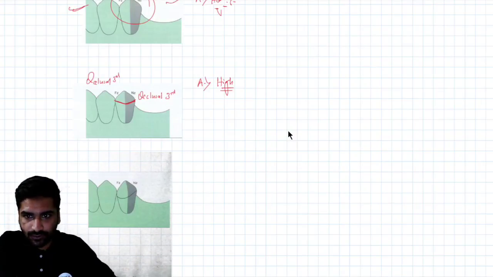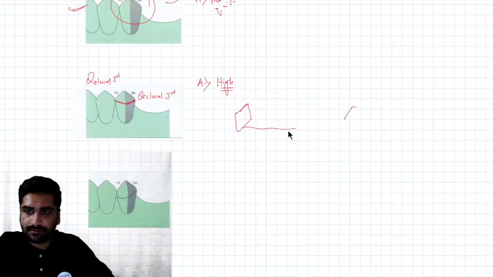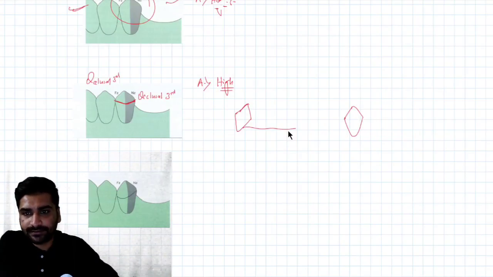Suppose I draw two clinical situations over here. This is one clinical situation. This is another clinical situation. Now if I take a surveyor and place it over here, the line will come somewhere from here to here.